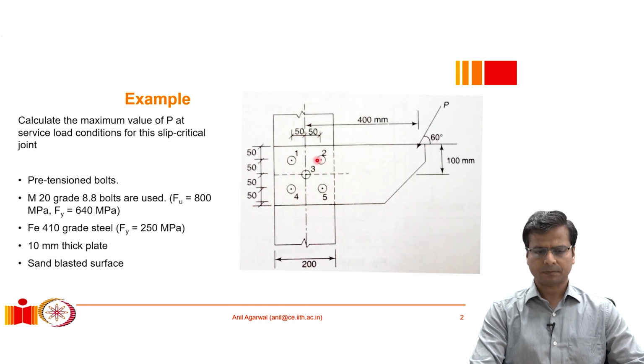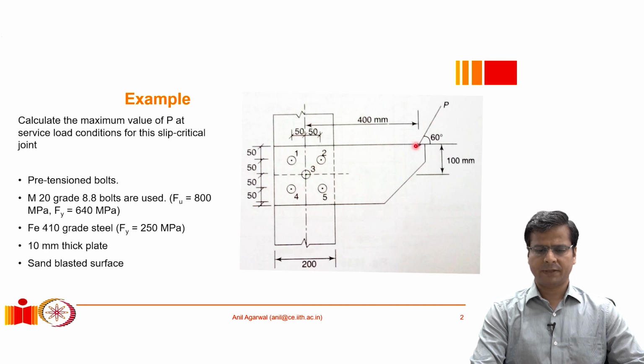So the connection between the column and the bracket is shown here, which basically specifies that there are 5 bolts. 4 of these bolts are at the periphery and 1 is at the centroid. The spacing between the bolts is 50 millimeters each in horizontal as well as vertical direction.